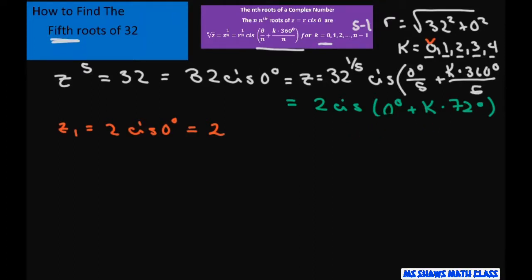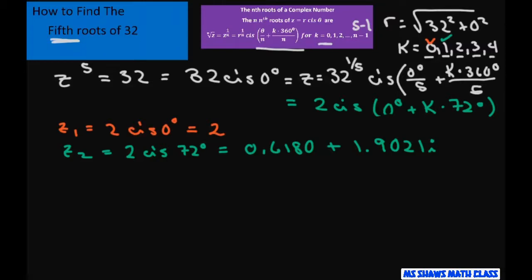All right. And for the next ones, we have z2. That's when k equals 1, which equals 2 cis of 72 degrees. So 2 times cosine of 72 degrees is 0.6180. And then for sine, 2 times sine of 72 degrees is 1.9021i.